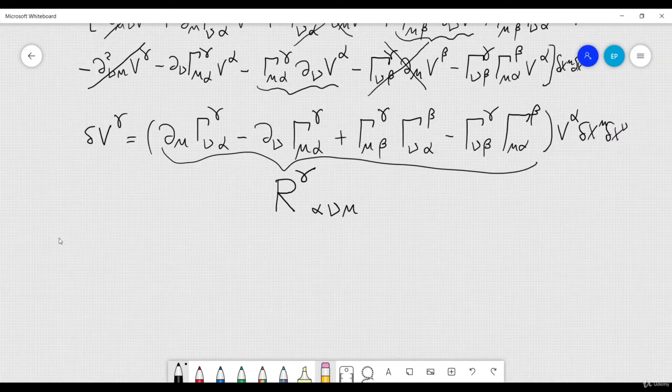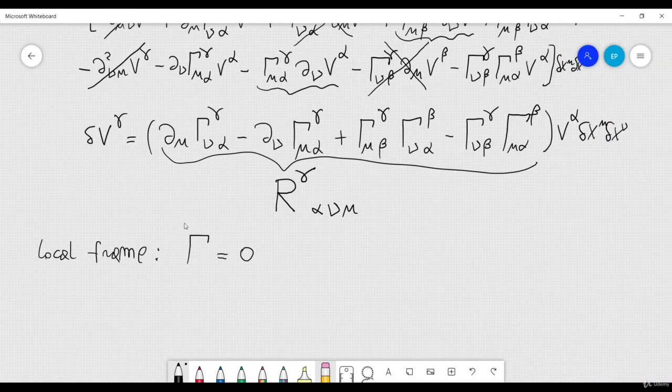Now, let's consider also the expression for this Riemann tensor in a local frame. What happens in a local frame? In a local frame, we know that the Christoffel symbols are just equal to 0, because in a local frame our metric is Lorentzian.